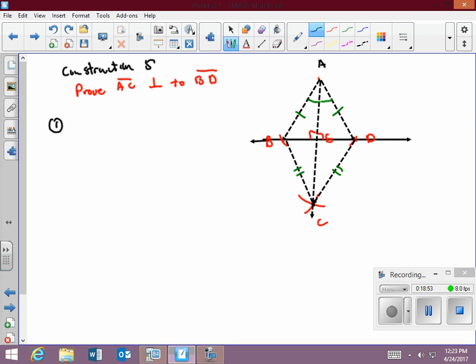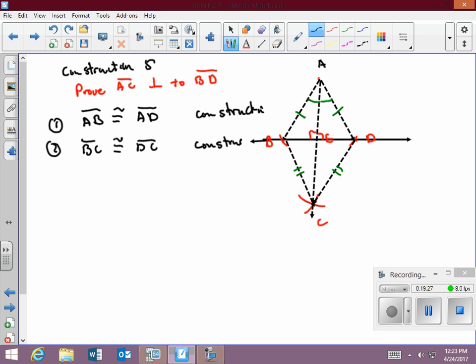the first thing is AB, that line segment is congruent to AD. And that's construction. And then BC is congruent to DC, and that's also construction 3.